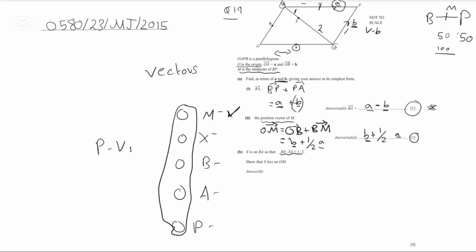Show that X lies on OM. So we're trying to prove that X lies on this line right here somewhere. It lies on this line. So for this to be true, we're going to need one of the vectors to be a scalar product of the other vectors. This means that, for example, let's take two vectors such as OA and OB.